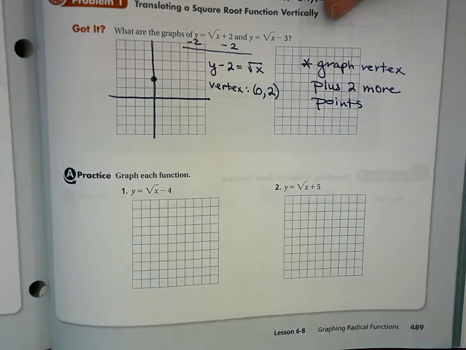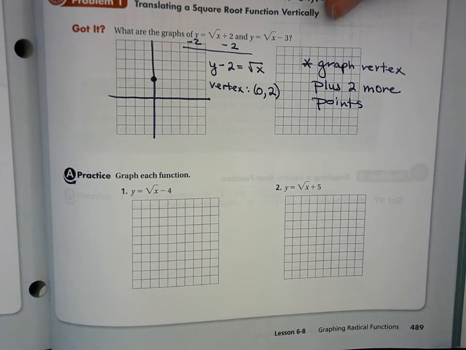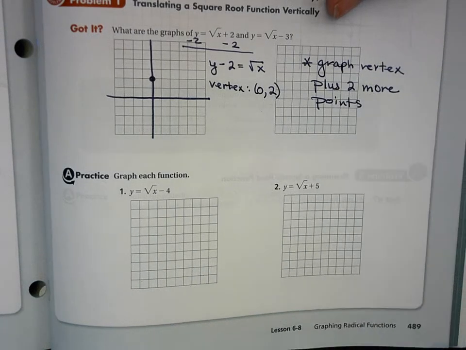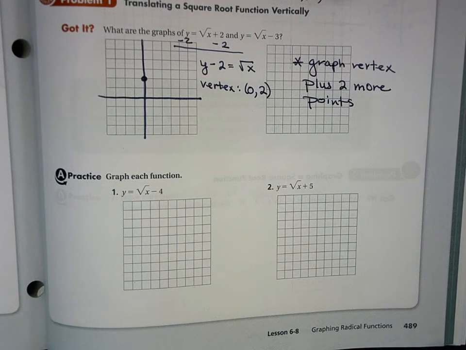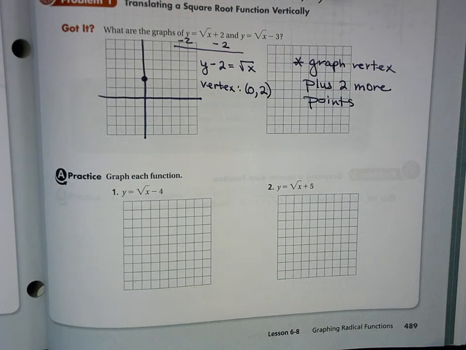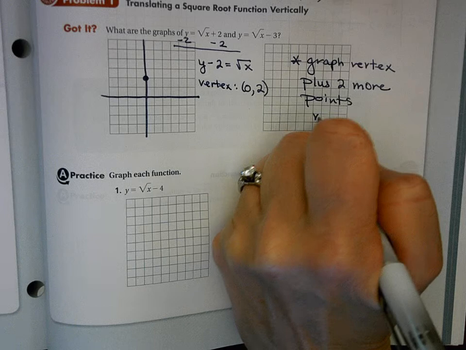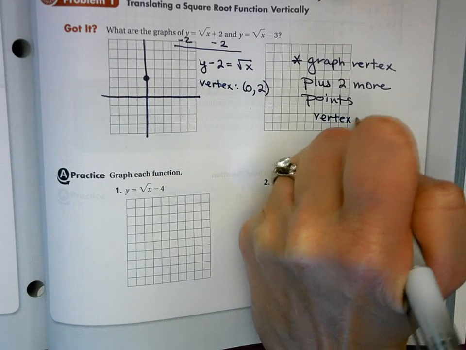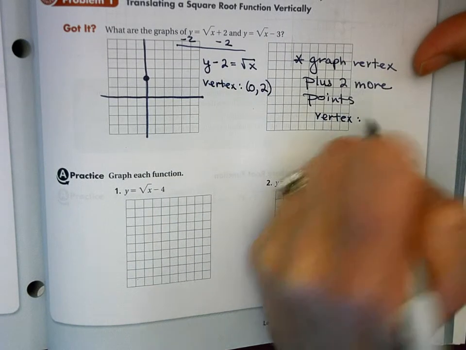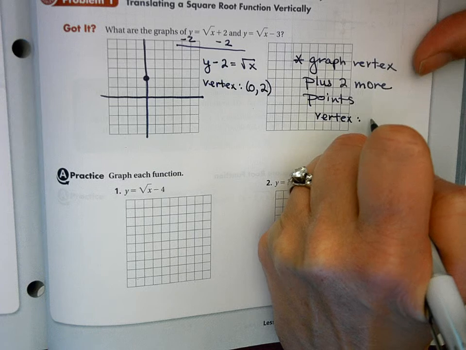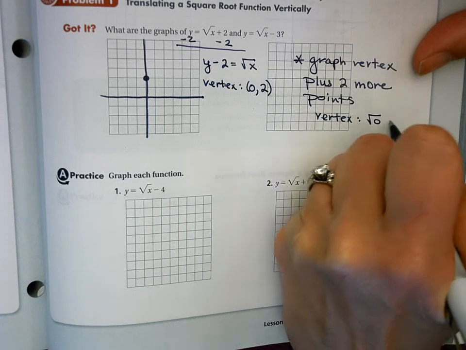When I choose those 2 more points, I always want to make sure they're numbers I know the square root of. I don't want to choose an x value I can't square root. So usually you want to square root 0, square root 1, square root 4. Those are the numbers you know. Your vertex is always whatever your shift is, so it will always generate the square root of 0.